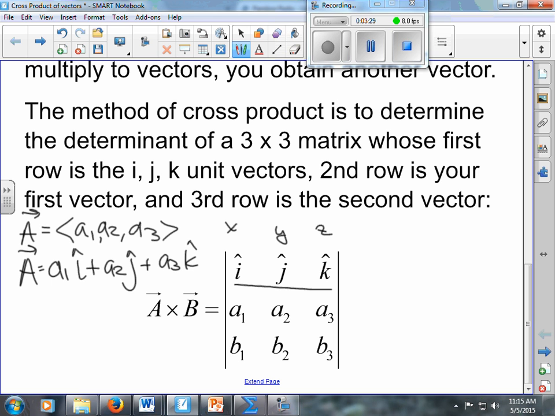Our answer to the cross product is going to be in this form, but you can easily switch between the two forms. It's just a matter of whether you use commas and pointy brackets or pluses and IJKs.